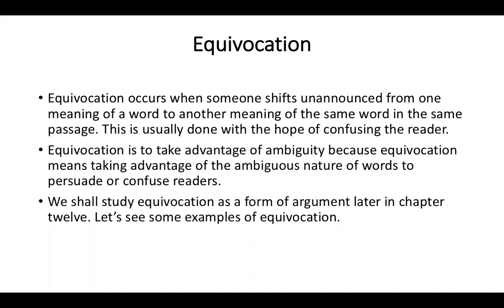Equivocation is taking advantage of the ambiguous nature of words to persuade or confuse readers. So I'm talking about equivocation in ordinary language, but we shall study equivocation as a form of argument later in chapter 12.